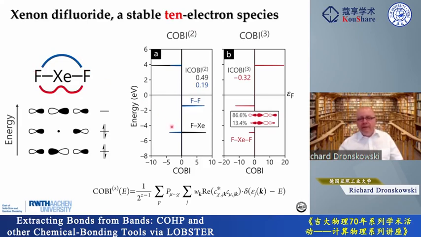So let's look at fluorine xenon, xenon fluorine. You can see by the molecular orbital that you have a bonding xenon-fluorine interaction because they have the same orbital phase. This is what you find here. Can you see this? And at highest energy, you can see that the xenon-fluorine interaction is anti-bonding, and this you can see here.